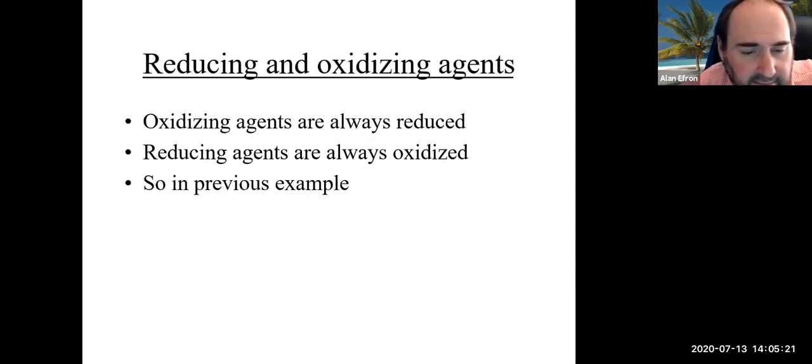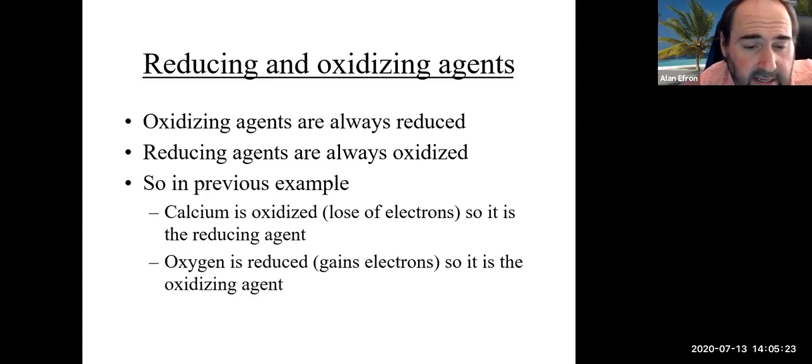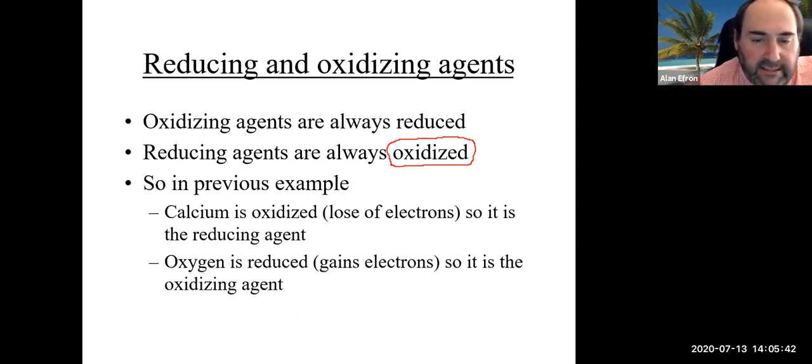Now, another thing that sometimes confuses people is the idea of reducing agents and oxidizing agents. So the reducing agent is the guy that gets oxidized. So our reducing agent is the substance or species that is actually going through the oxidation reaction, while our oxidizing agent is actually the guy that is being reduced.